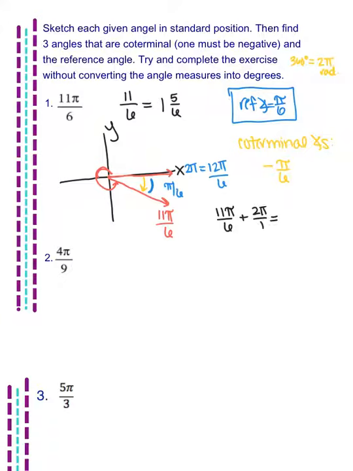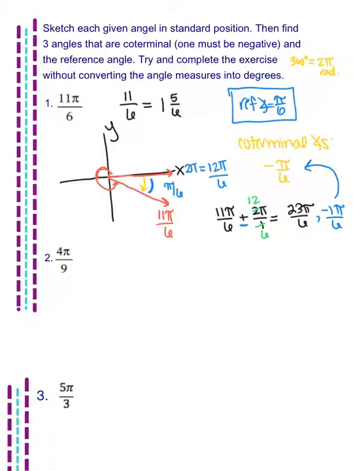I have to have a common denominator to add, so if I change this 1 to a 6, this 2 changes to a 12. So 11 pi plus 12 pi is going to be 23 pi over 6. If I were to subtract, 11 pi minus 12 pi, I get the negative 1 pi over 6, which I got from using logic earlier.